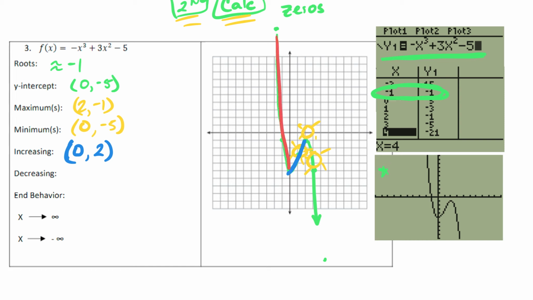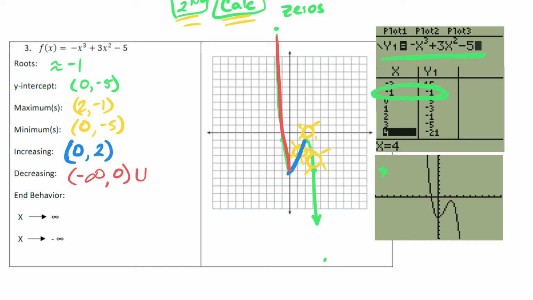This bar right here, let's talk about how we name that. That is decreasing from -infinity on the x all the way up to 0, isn't it? Then we have a gap in our information. We denote the gap with this little symbol right there.